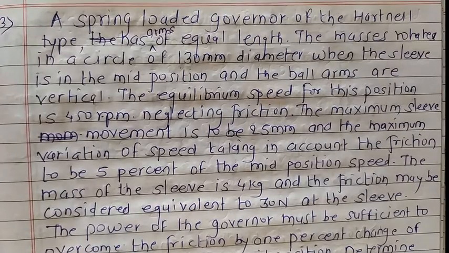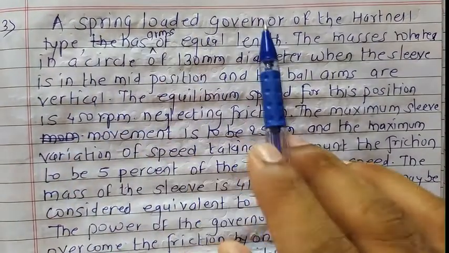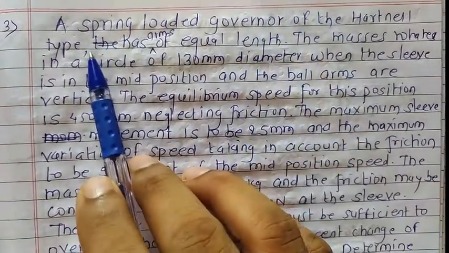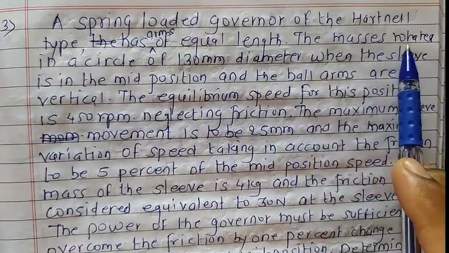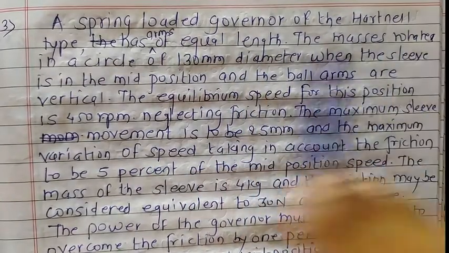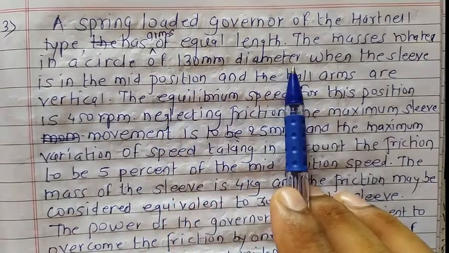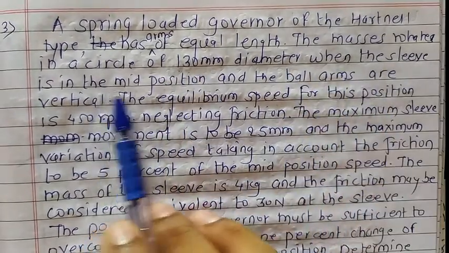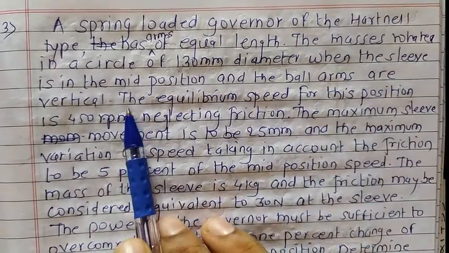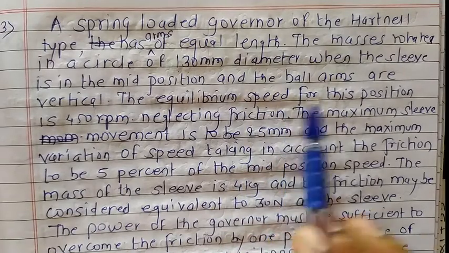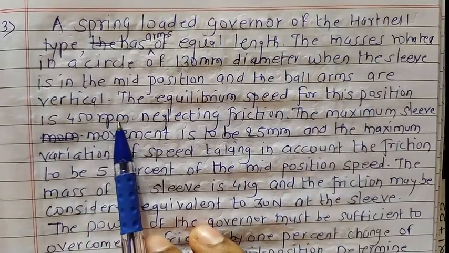So let's start the next numerical. A spring loaded governor of the Hartnell type has arms of equal length. The masses rotate in a circle of 130 mm diameter when the sleeve is in the mid position and the ball arms are vertical. The equilibrium speed for this position is 450 rpm.